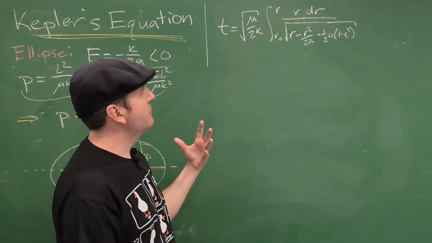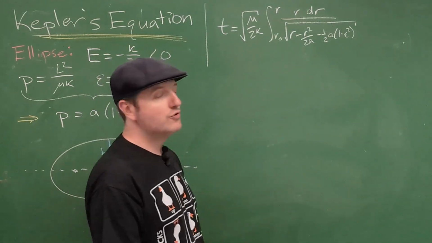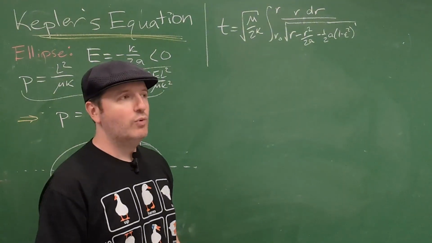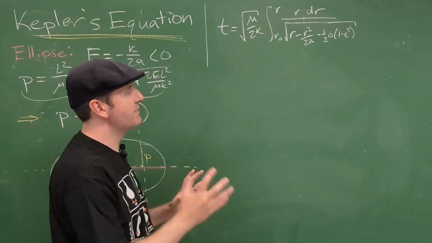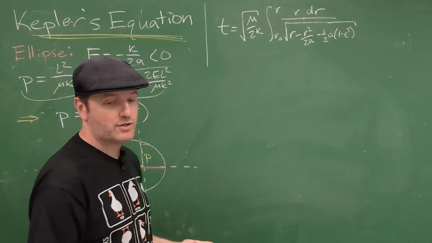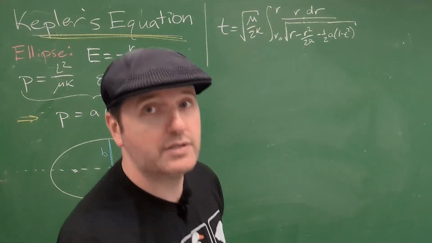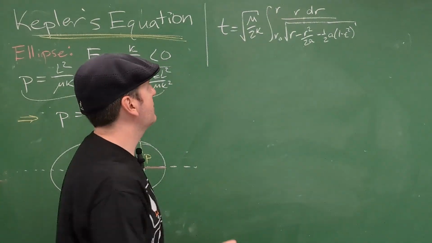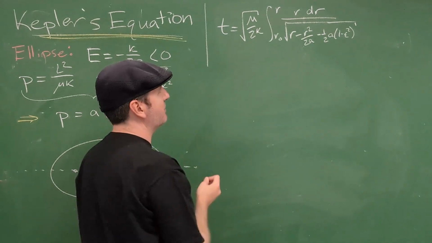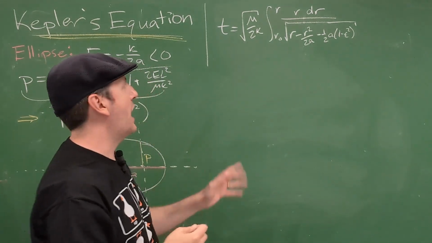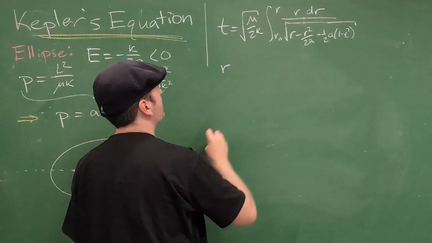There's a very commonly used substitution at this point, which lets us transform this into something that's a lot more manageable. And that substitution is, let's introduce a new variable called psi via this function.